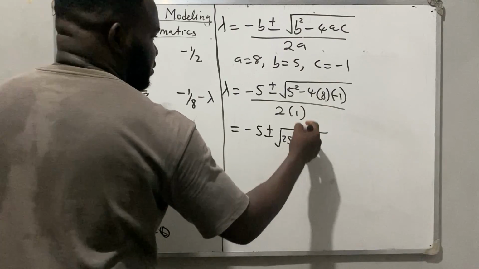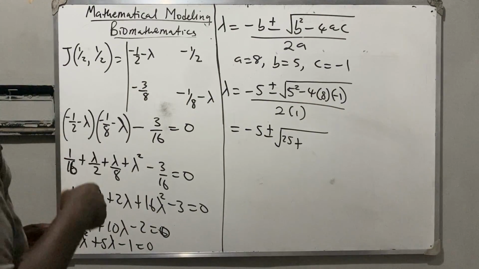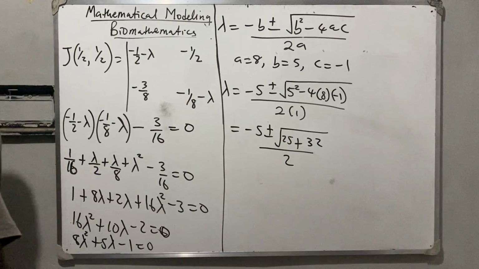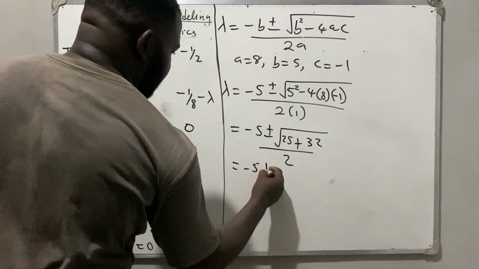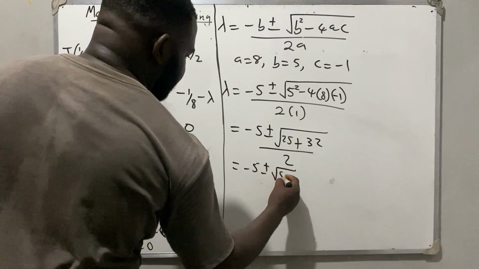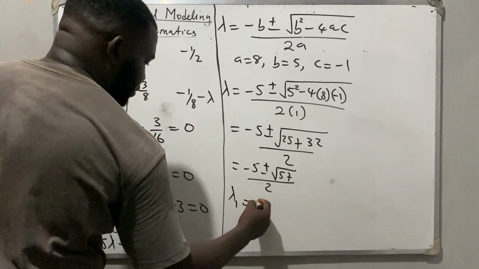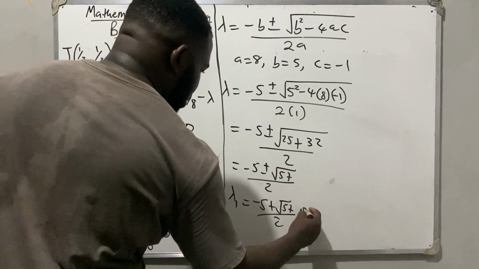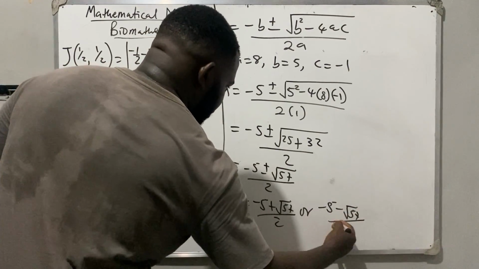Minus minus is plus. 4 times 8 is 32. So if you add the two of them, it gives you 57. So I'm having minus b plus or minus the square root of 57 all over 2. So separate it to have that the first lambda will give you minus 5 plus the square root of 57 over 2, or minus 5 minus the square root of 57 over 2.